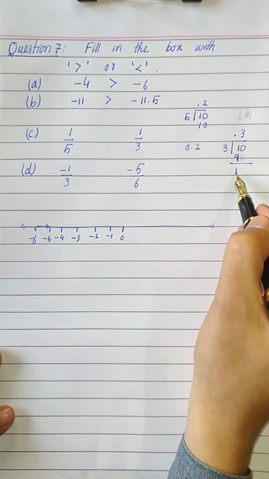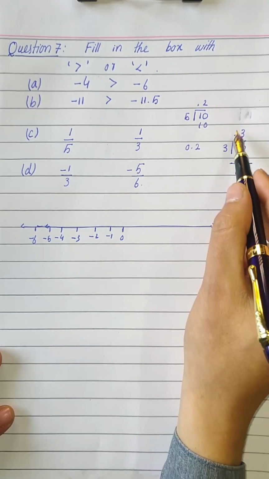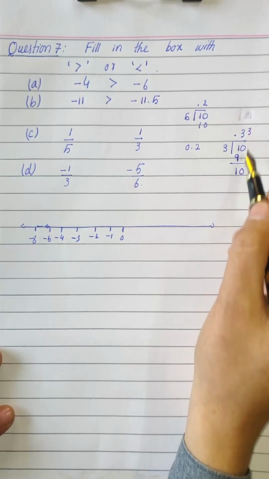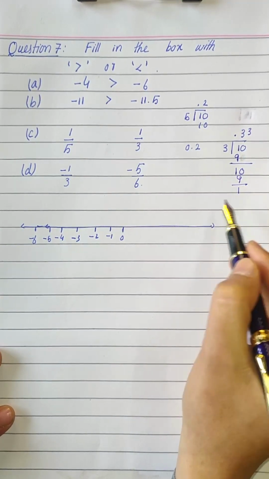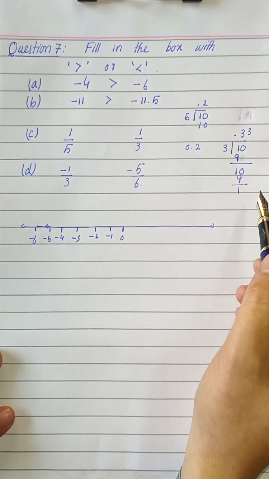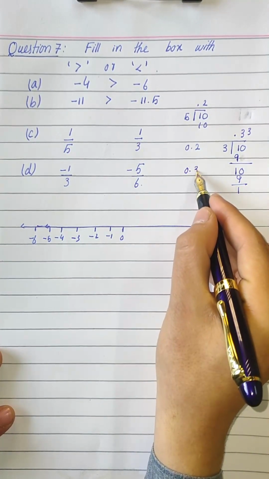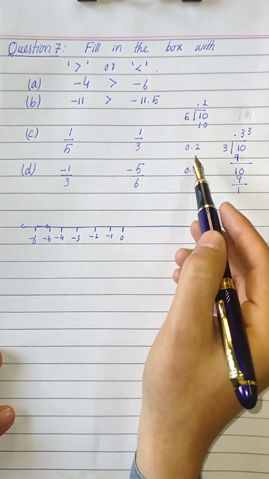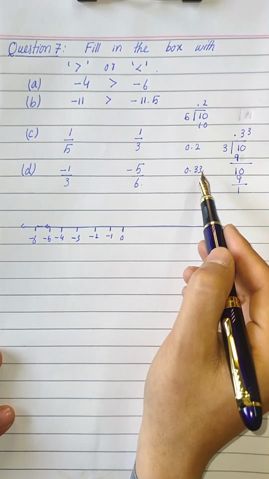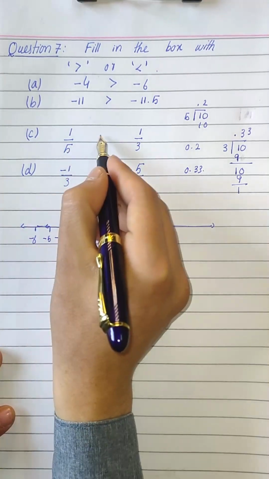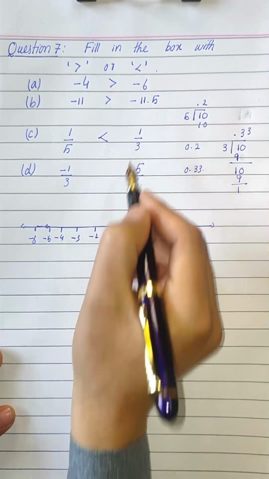Since we can't divide 1 by 3, we add a 0 again, and 3 3s are 9, and it will go on like so. So we can say that 1 by 3 can be written as 0.33. We can see that 0.33 is greater than 0.2. So we can say that 1 over 5 is less than 1 over 3.